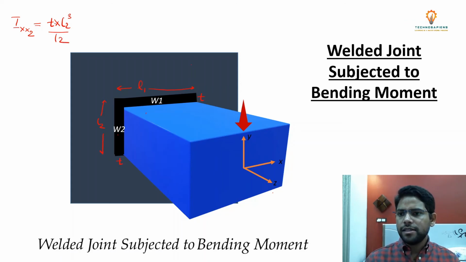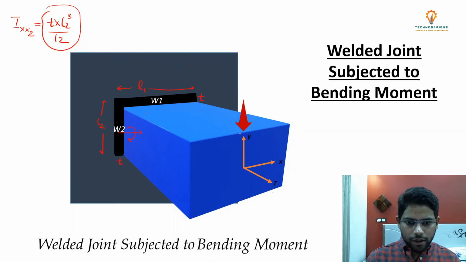And since this value is about the centroidal axis of this weld, it is already about the x-axis of the overall Cartesian coordinate system.